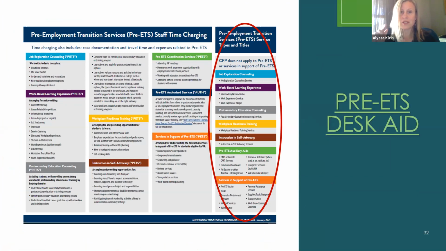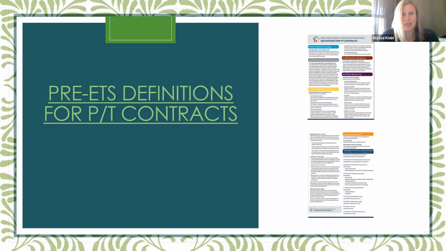The area circled here on the Pre-ETS desk aid indicates where all of the Pre-ETS service types and titles are listed. And then go to the next slide. And this reminds you what the Pre-ETS definitions for PT contracts document is, and it's linked on here.